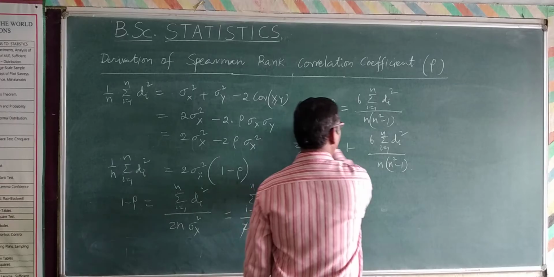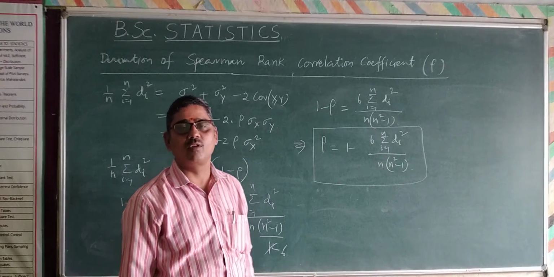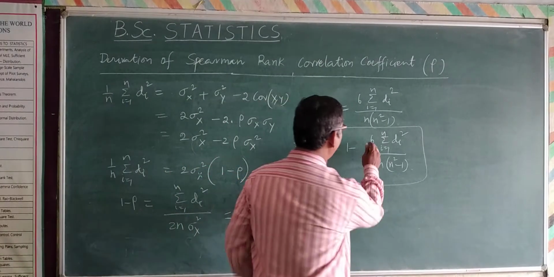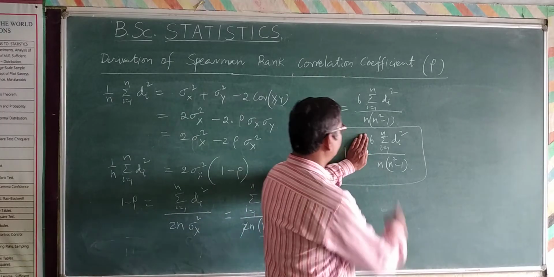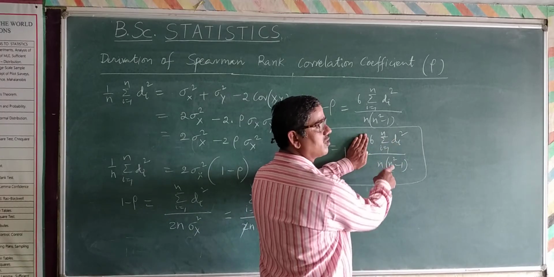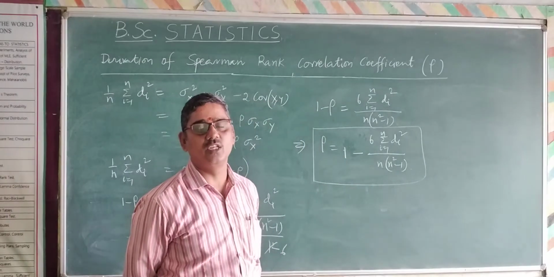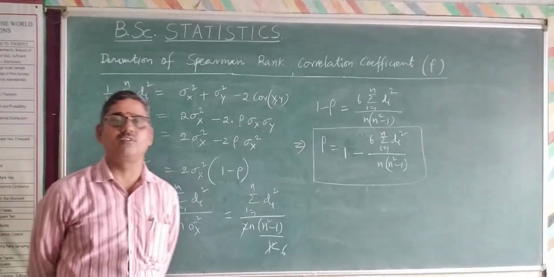This is the formula of the rank correlation coefficient. You see, it is very particular: 1 minus 6 into summation di square divided by n into n square minus 1. This is the derivation of the rank correlation coefficient formula.